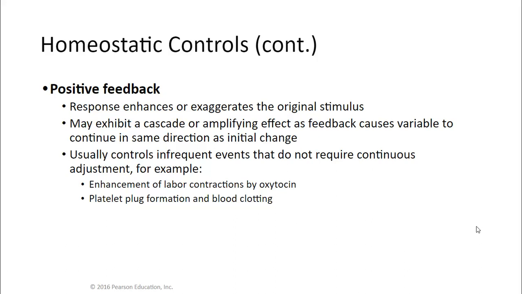When you cut yourself, you want to form a blood clot. Platelets and other factors, and muscle cells in that area, automatically constrict, and the inflammatory response attracts more platelets and so forth. It's like an amplifying effect, and it's going to amplify until you get the end result, which is blood clot formation. Okay.